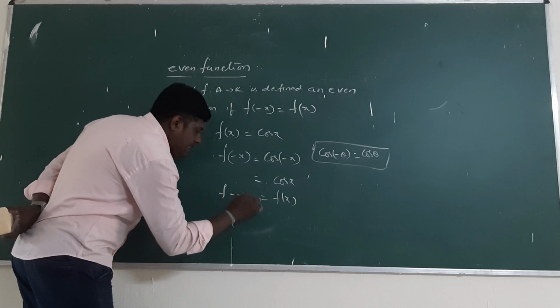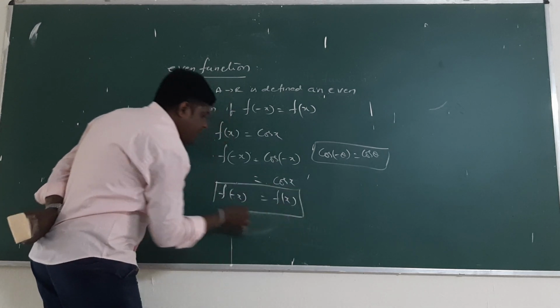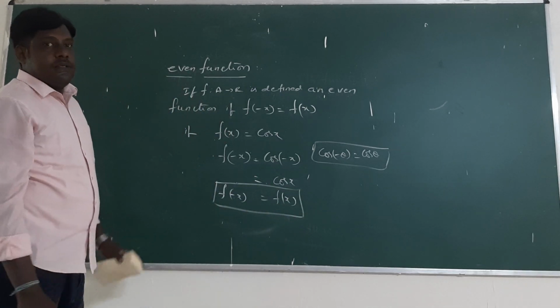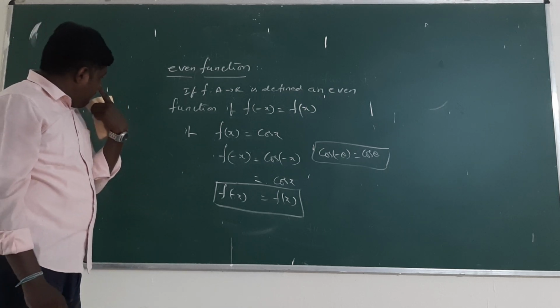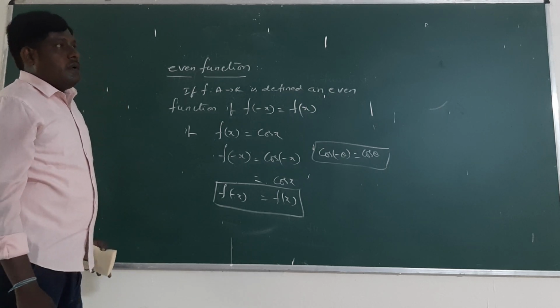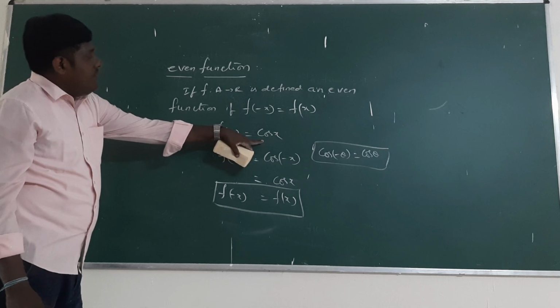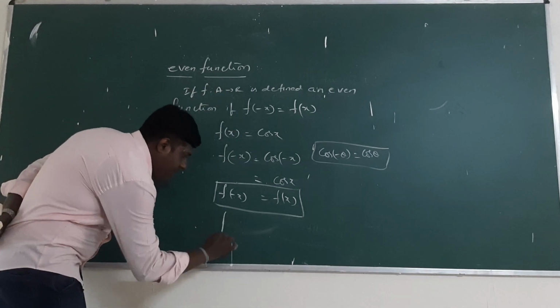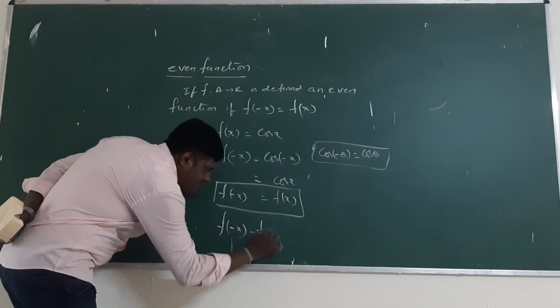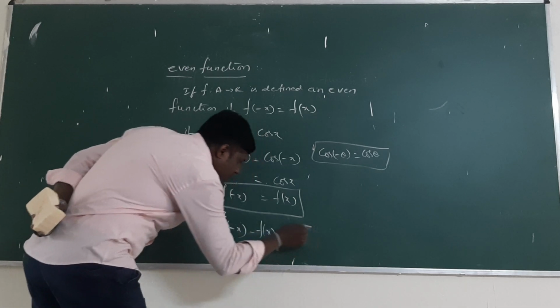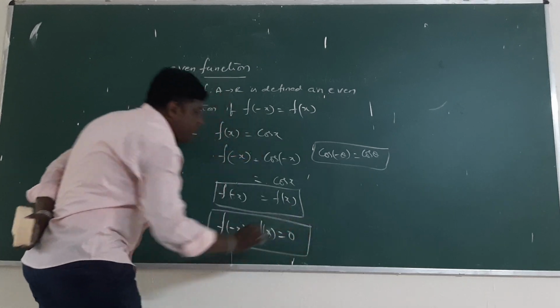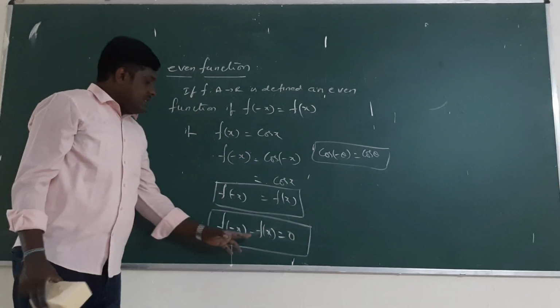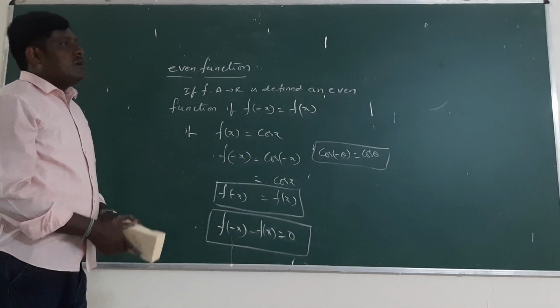So f of minus x is equal to f of x. So cos x is called even function. And one more condition there: f of minus x minus f of x equal to 0. This is also one more condition for the even function.